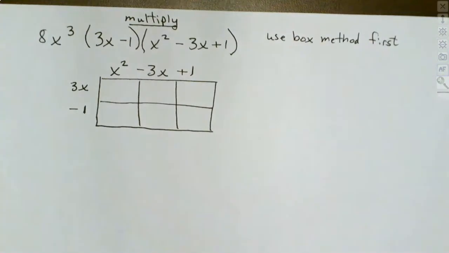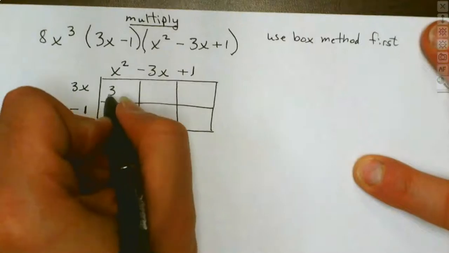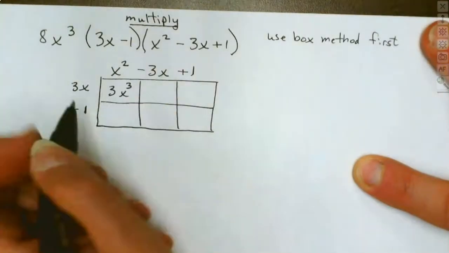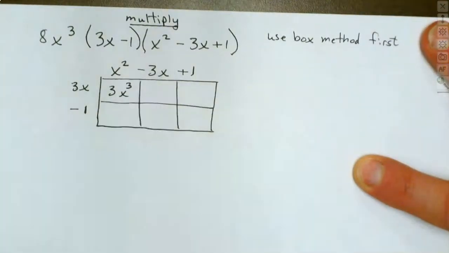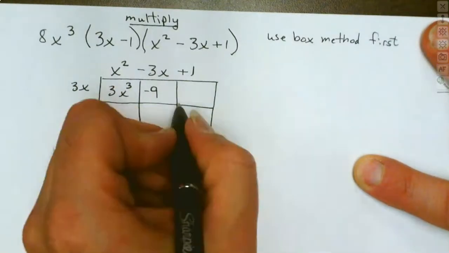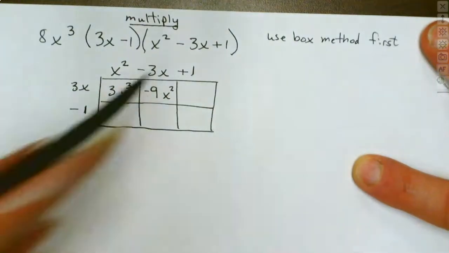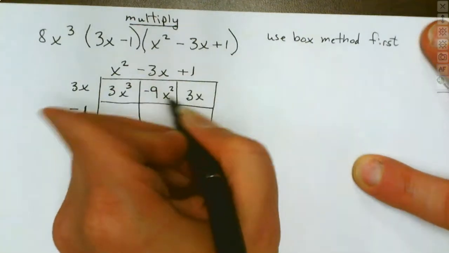So always do the box method first. Multiply, that's 3x cubed. 3 times a negative 3, that's a negative 9. X and x makes it x squared. 3x times 1, that's simply 3x.